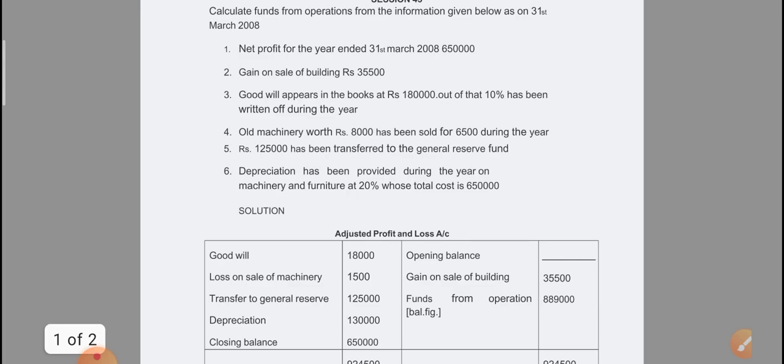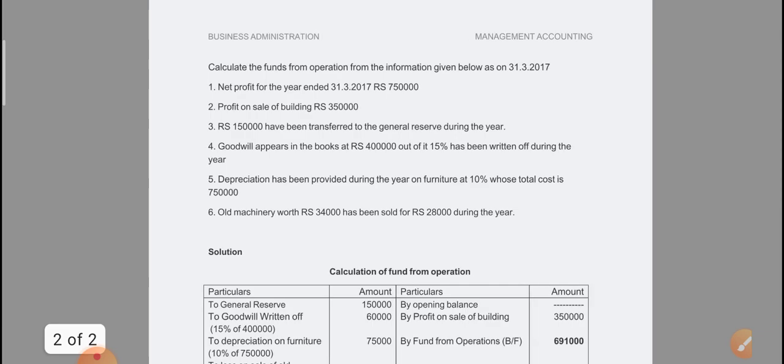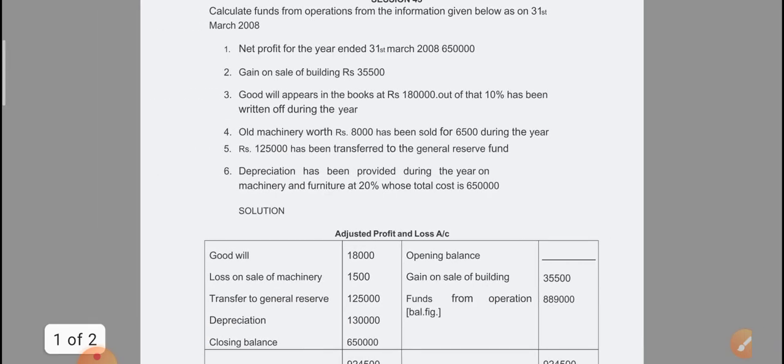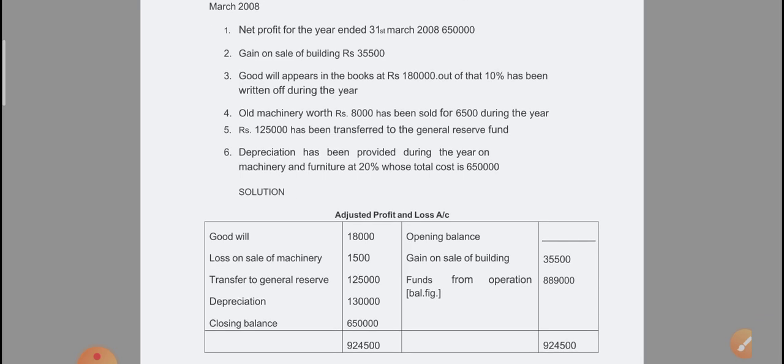Gain on sale of building rupees 35,500, and goodwill appears in the books at rupees 1,80,000.